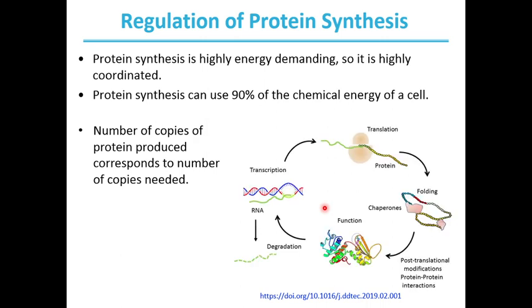If you consider this simple diagram, it shows a cycle, and this represents protein regulation. When proteins are translated by the ribosomes, they are then folded and targeted to various cellular locations. And here, proteins can be modified, which is called post-translational modification, and the function of the protein is then utilized by the cell.